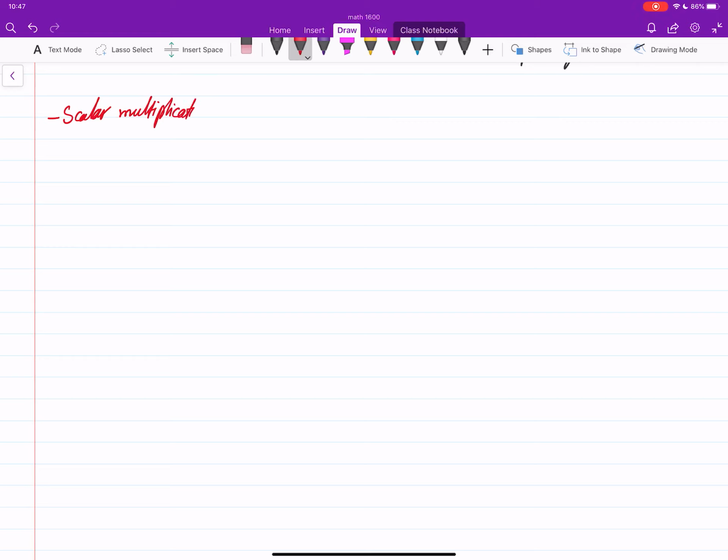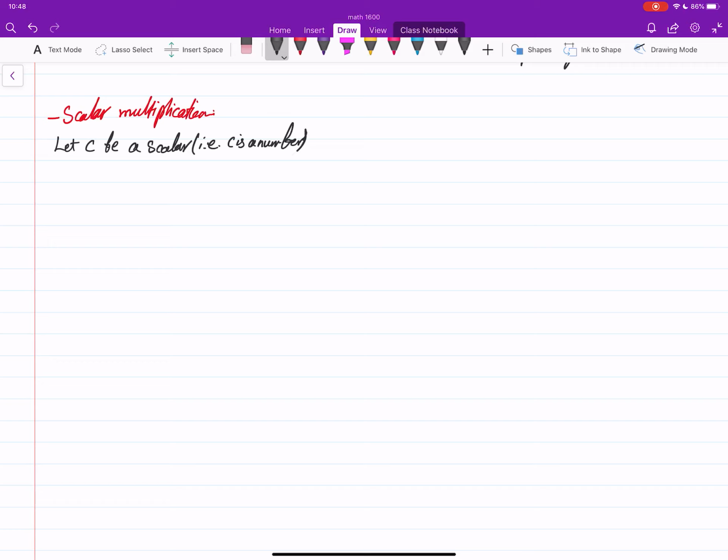In this book and in all linear algebra courses, when you deal with numbers, not vectors, you call them scalars. Let c be a scalar, meaning that it is a number. It doesn't have components.